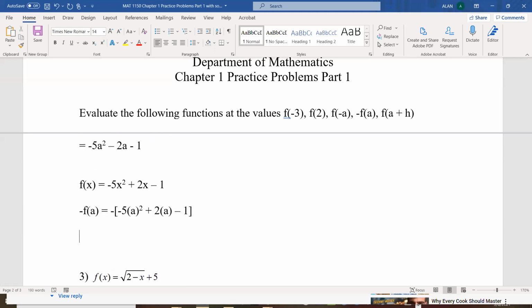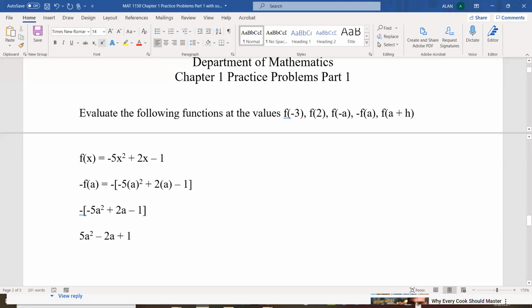I just think it's easier that way. So you're going to have negative, now inside the brackets, negative 5a squared plus 2a minus 1. And then I can evaluate this with the negatives. In other words, I'm going to apply the negative to each term inside the brackets. So this first term will be 5a squared. Then the second term will actually become a negative, and the last term becomes positive.